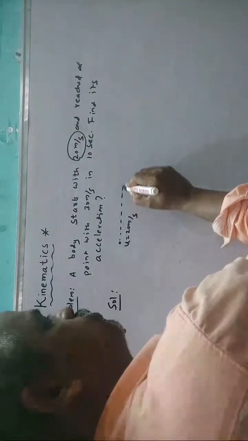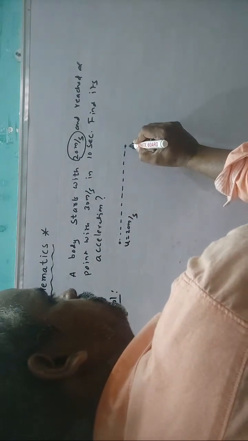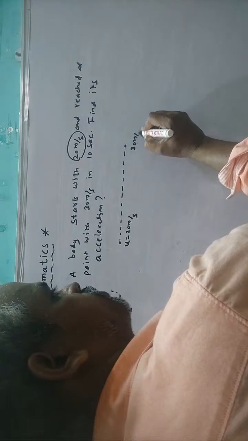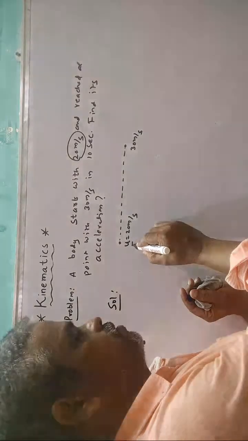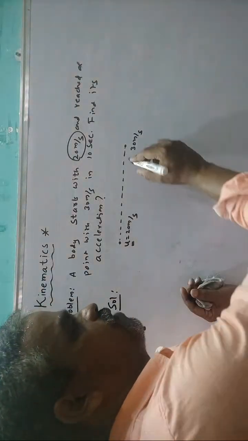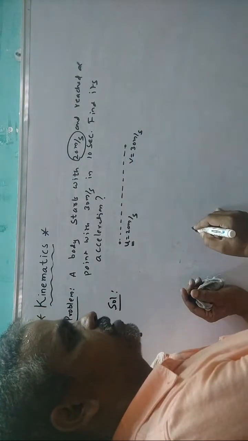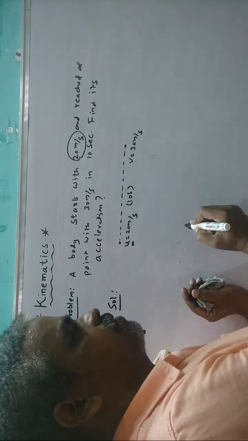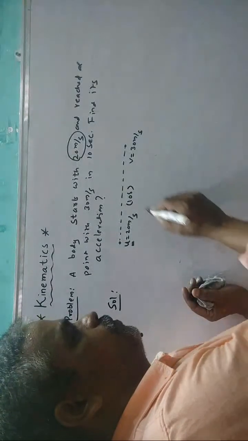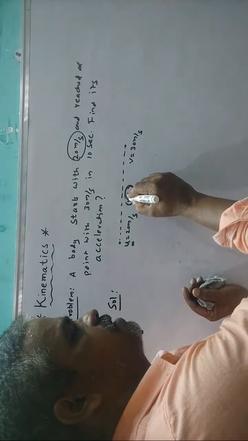It moves and reaches here with 30 meter per second. Initial velocity we denote with u. Final velocity is 30 meter per second. The time taken is 10 seconds. So the change in time is 10 seconds.